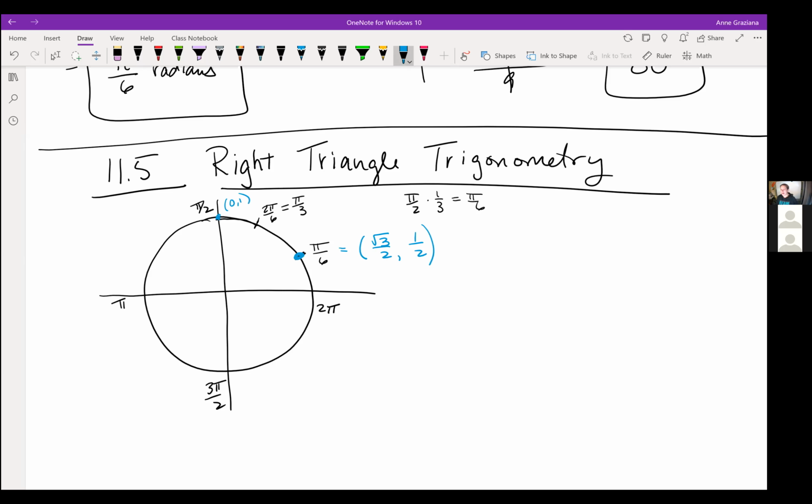Not as nice, but how do we get those? Well, the x coordinate, if I drop down to this x-axis here, that vertical distance is my x coordinate. That's how we get it. We don't think about it too much, but that's the vertical distance.